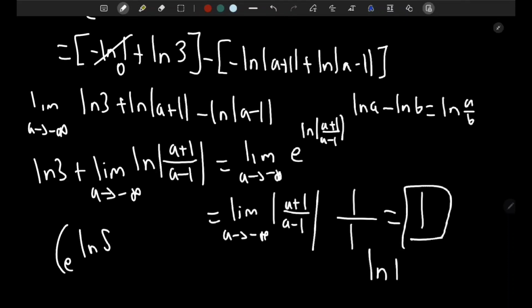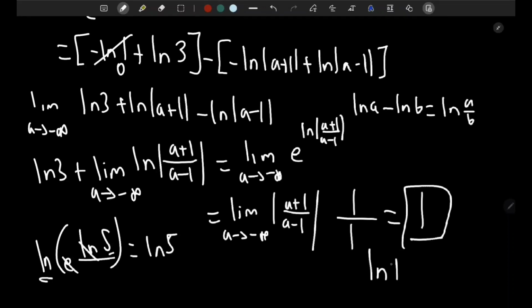But since we introduced an e, we also need an ln again to balance this out, since we cannot just add an e randomly. So the final answer would be ln 5, since the e cancels out with this, and the original we had was ln 5.